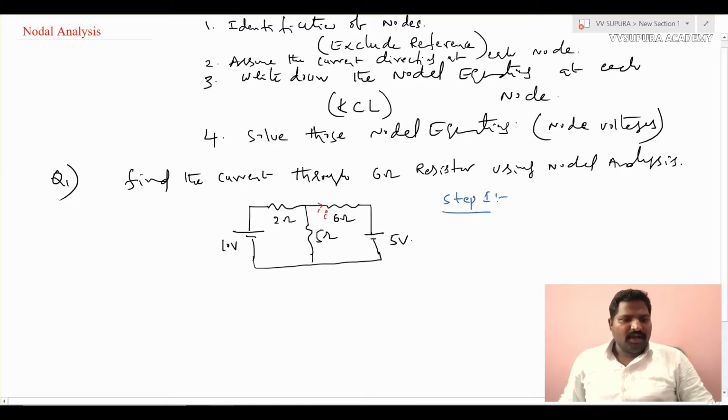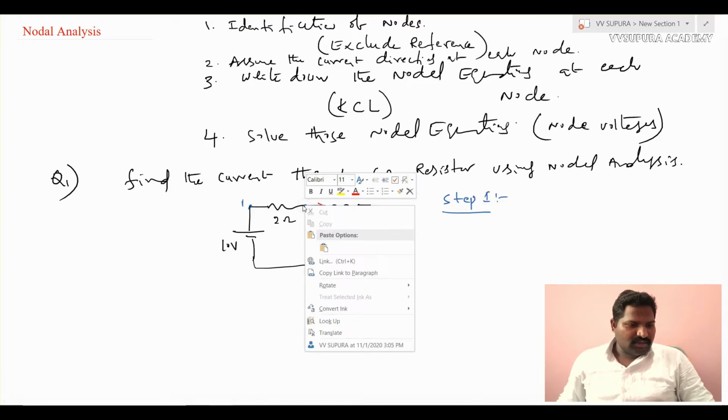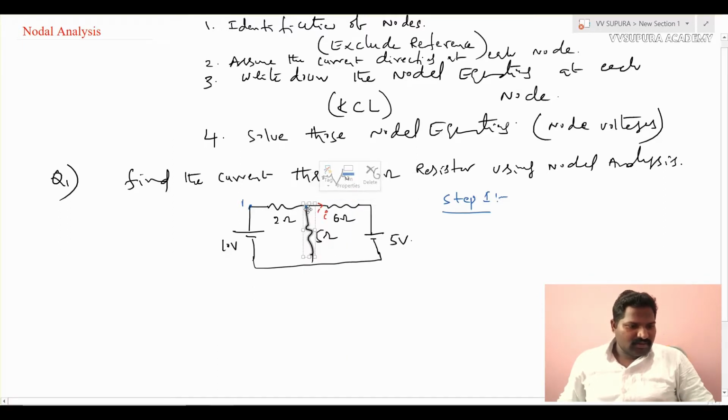Step number 1, identification of nodes. So how many nodes are there? If you see, this 10 volts battery source and this 2 ohms are connected at this point. So that is the first node, and these 3 resistors are connected at this point, and this will be node number 2.